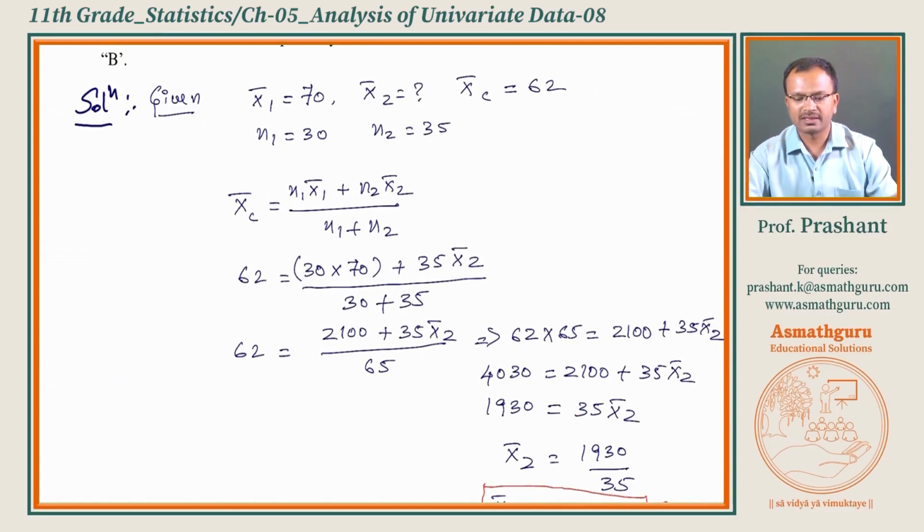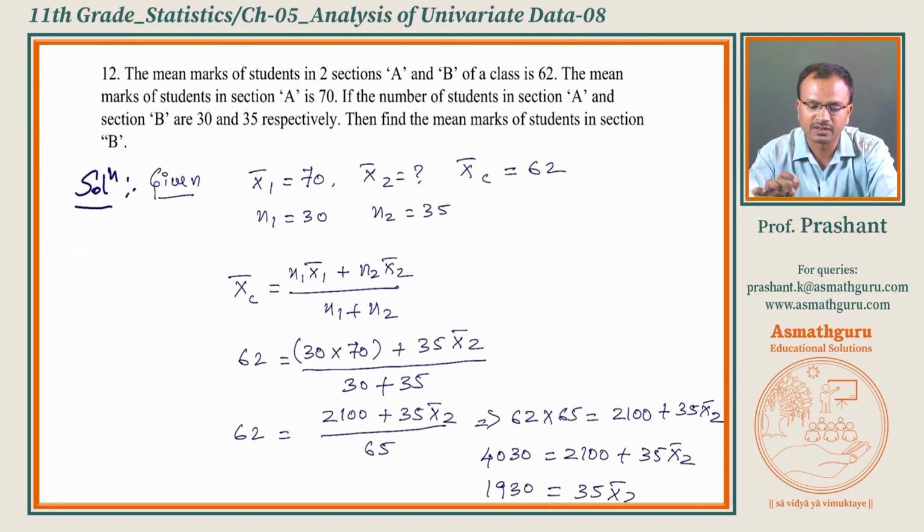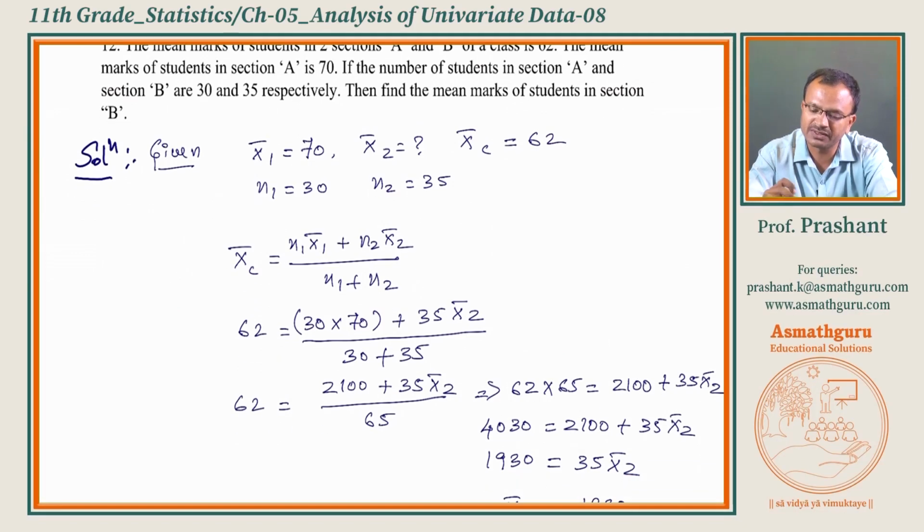So what is the first step we completed? The first step is to identify the details given in the question. Based on that we consider the formula of combined arithmetic mean. The combined arithmetic mean is given, that is 62, and we need to find x bar 2. So we substituted all the given details in the formula.